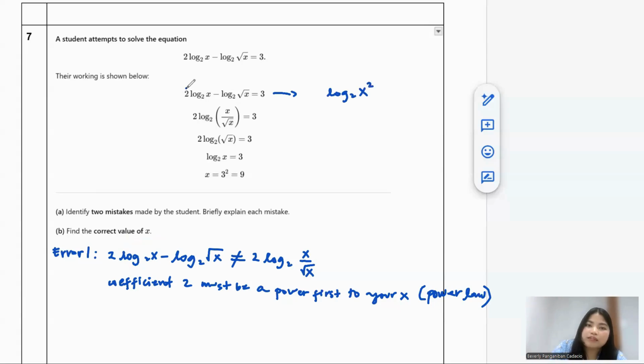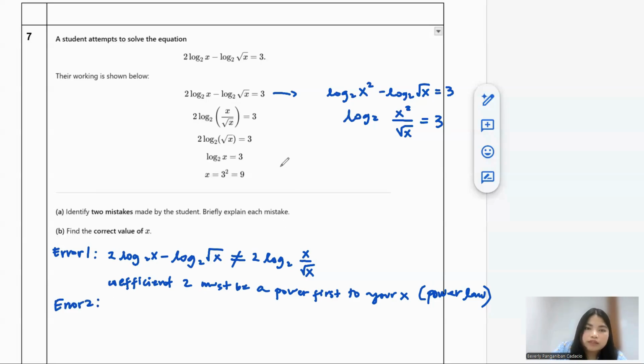Because again, this coefficient must be there in the exponent of your x. Minus log 2 root x is equal to 3. And that's the time you can do it. Combine log 2, and since it's minus, it will become x squared over root x is equal to 3. Okay? But there's another error.